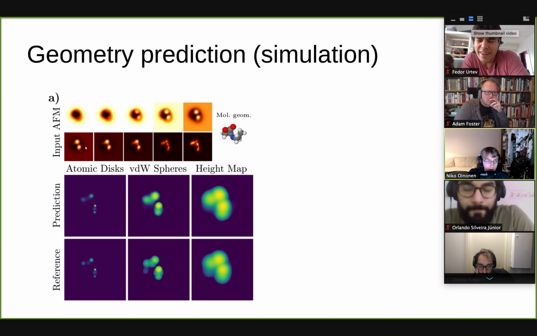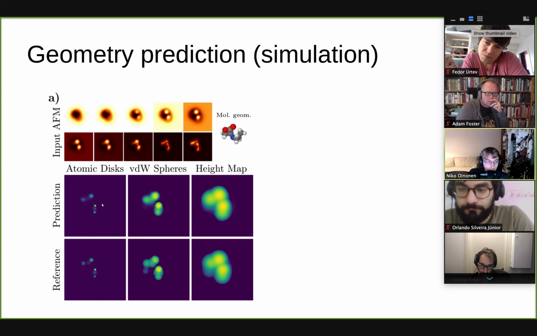The input is again this set of 10 AFM images. And then here we have the prediction for the atom disks, van der Waals spheres, and the height map descriptors. And then we compare to the reference solutions that we can compute from the molecule geometry.